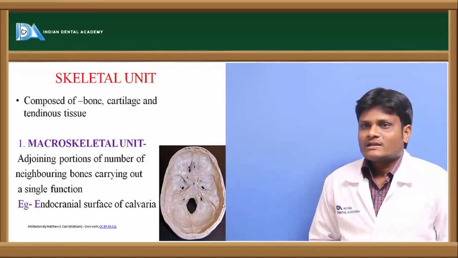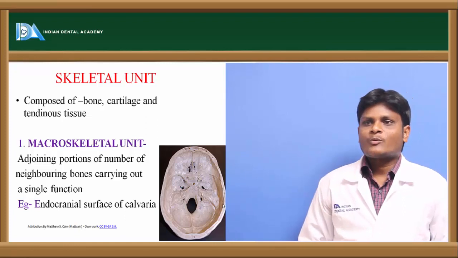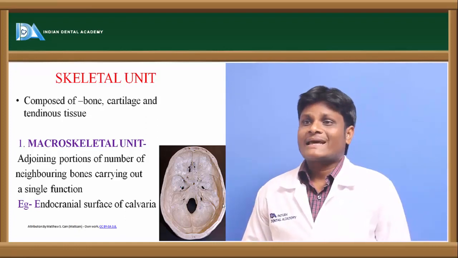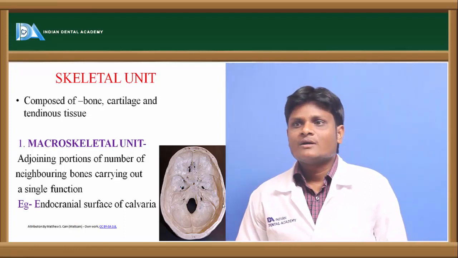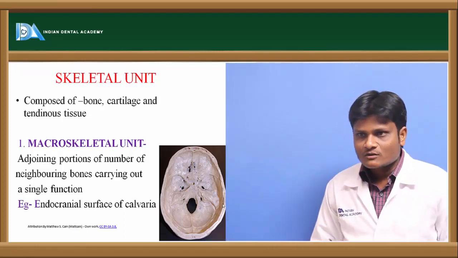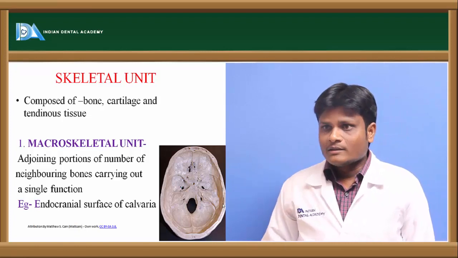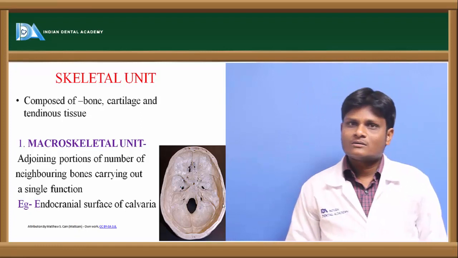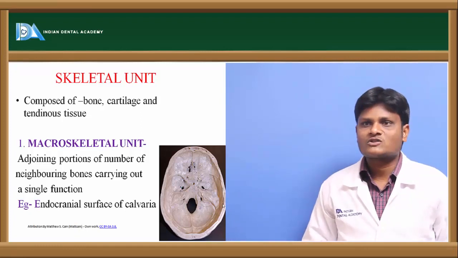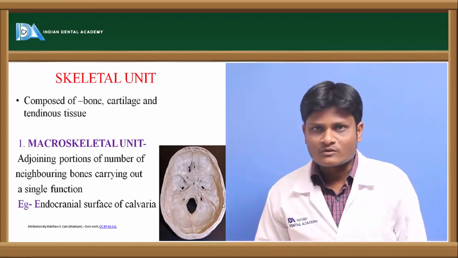What is a macroskeletal unit? It's nothing but adjoining portions of a number of neighboring bones carrying out a single function. For example, when we take the endocranial surface of the cranial base, here we have a number of bones like ethmoid, vomer, sphenoid bone, and portions of occipital, parietal and temporal bones.